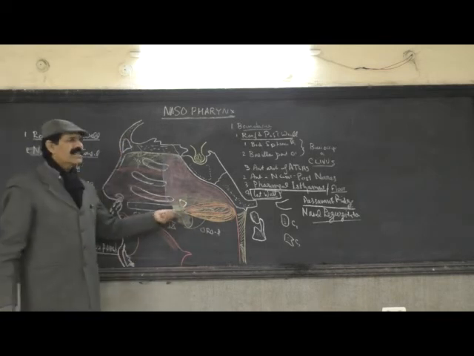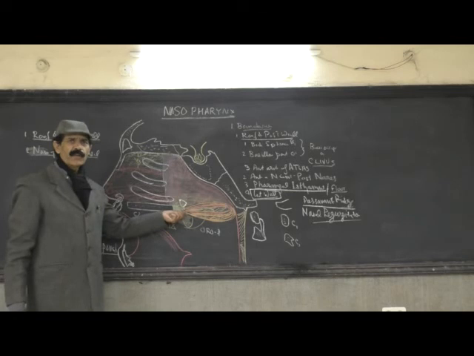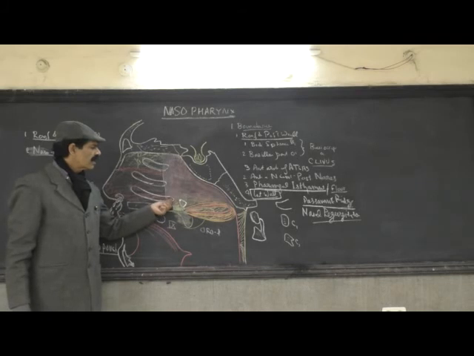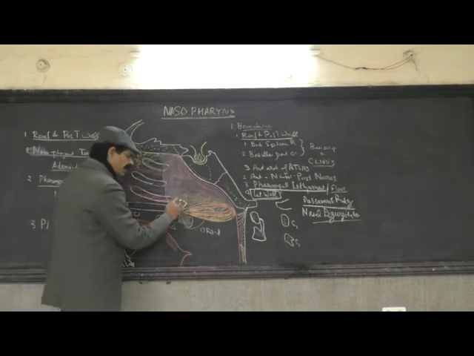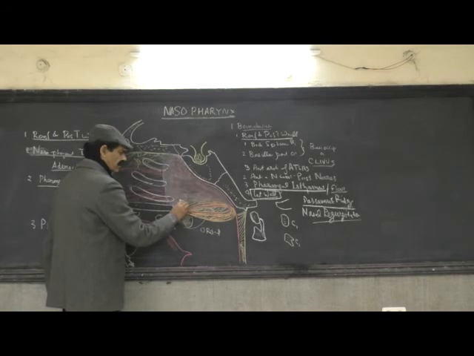The cartilaginous part of the eustachian tube opens into the nasopharynx just 1.25 centimeters, half an inch, behind the posterior end of the inferior concha. Just behind and a little below, a triangular opening of the eustachian tube is seen here.